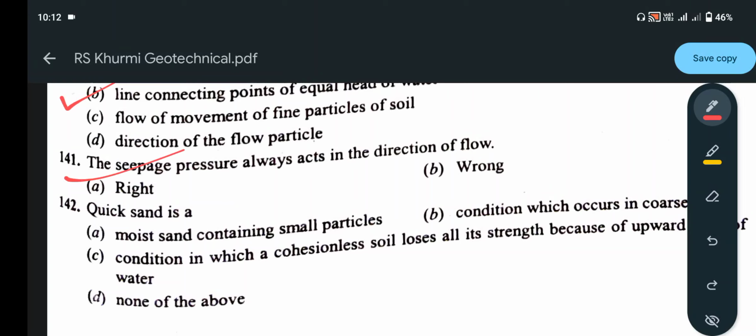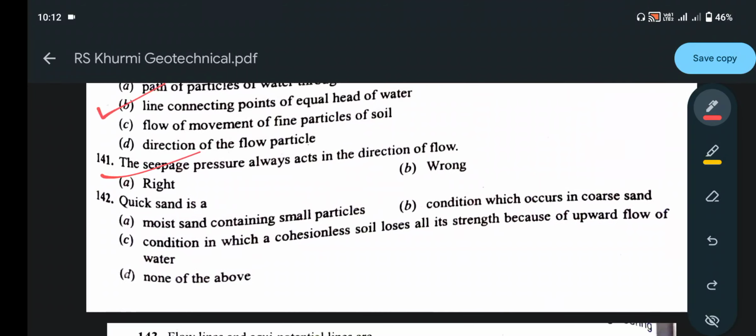Quicksand is moist and containing soil particles? No. It is a condition which occurs in coarse sand, a condition in which a cohesionless soil loses all its strength because of upward flow of water. Yes, quicksand condition.